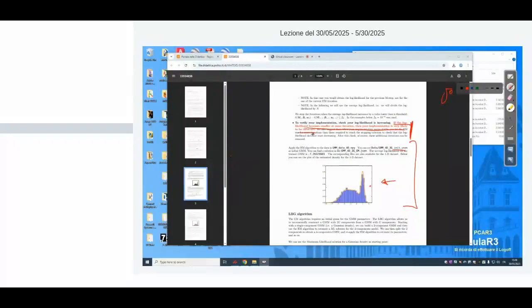I've yet to see an implementation of this where the log likelihood decreases and the implementation is not wrong, even by tiny amounts. So if it decreases, then there is a problem with the implementation. It should, at worst, remain stationary, but it will not decrease.